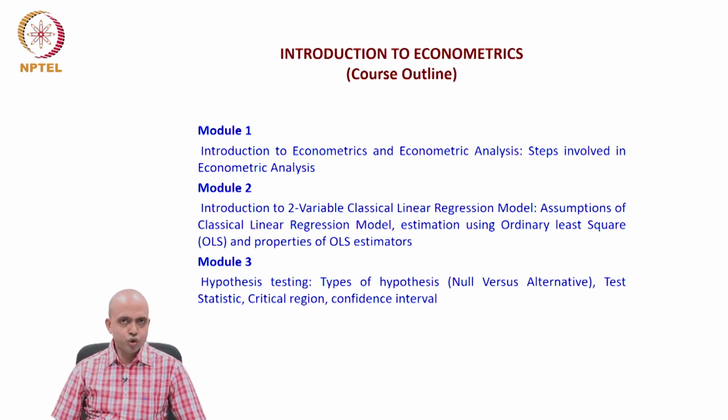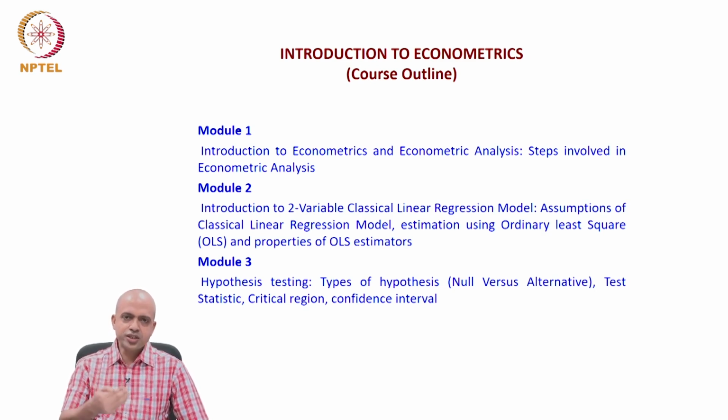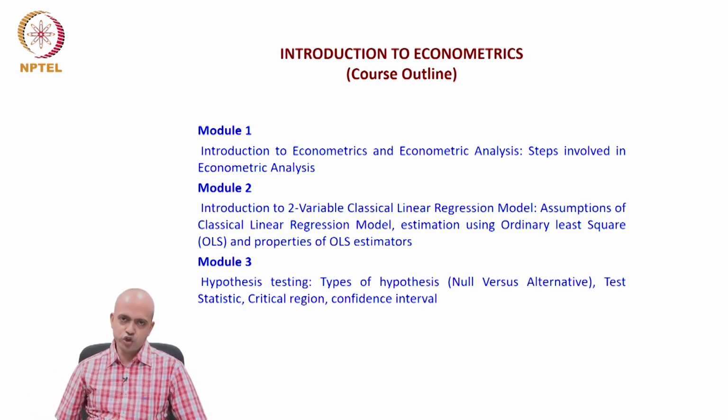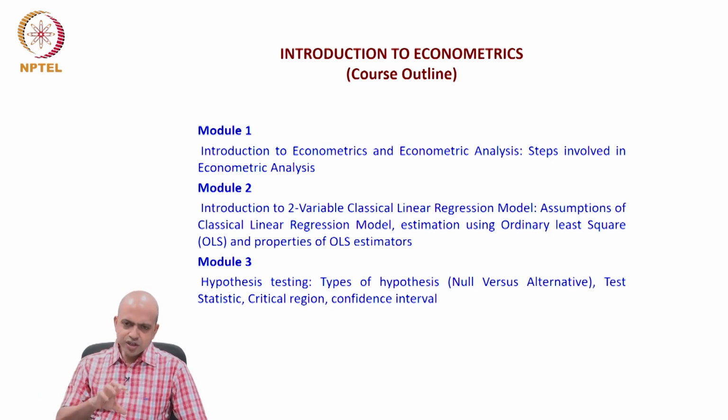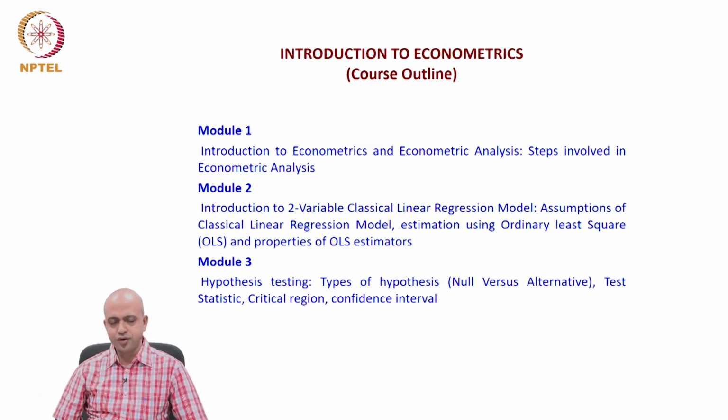Rather, we will collect a random representative sample from the entire population, and then we will estimate the regression function from the sample only, and at the end of the day we will get a sample statistic, which is basically the sample counterpart of the population parameter, and this sample statistic will help in making inference about the population parameter.